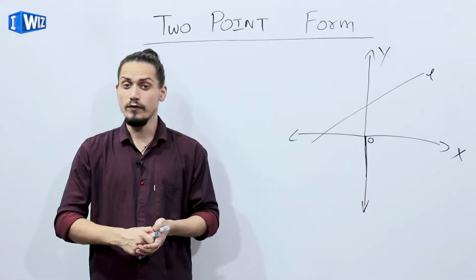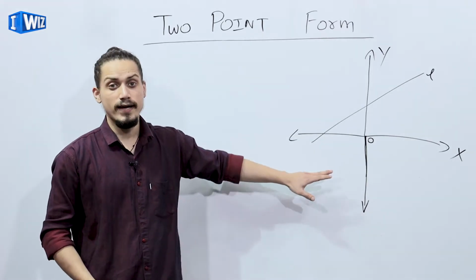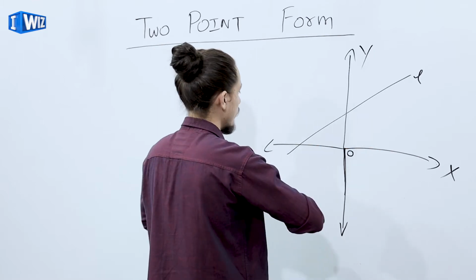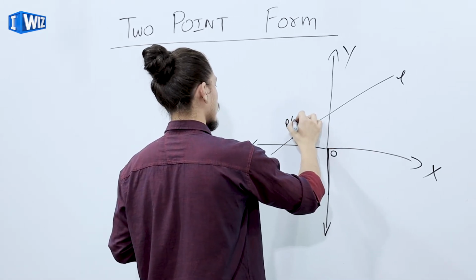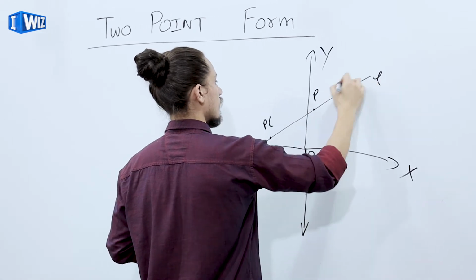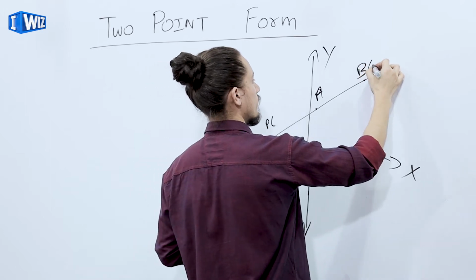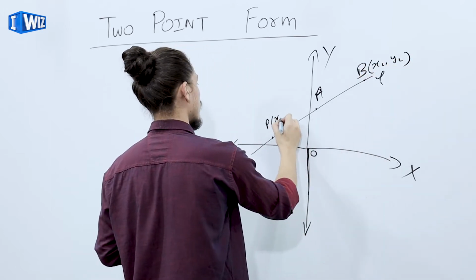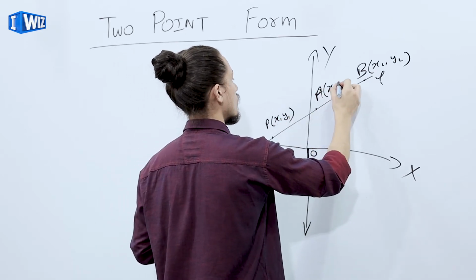Next is 2-point form. As the name indicates, हमारे पास में किसी line पे 2 point दिए होंगे and we'll have to find an equation of line. Suppose we are given 2 fixed points, first one being B(x2, y2), this is P(x1, y1), and an arbitrary point A(x, y).